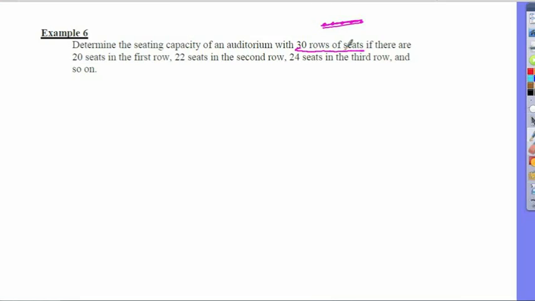Okay, so we're going to have 30 rows. That means our N is going to be 30 because we're going to have 30 rows of seats. There's 20 in the first row, so that means A1 is 20. And there's 22 in the second, 24 in the third. That means our difference is going to be 2. And the reason I'm trying to figure out what my difference is going to be is because in my formula, I'm going to find the sum of my 30 rows.